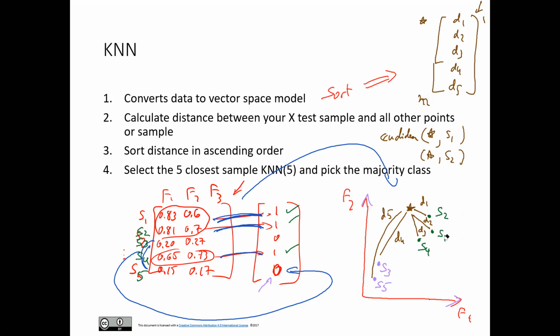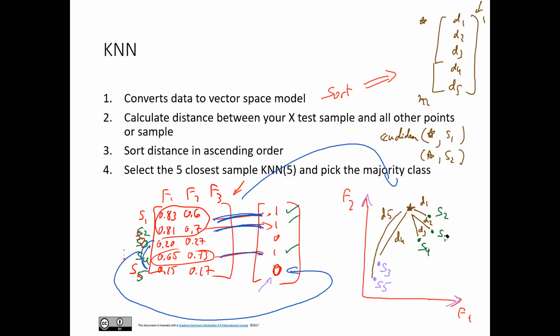and I pick those distances, and then I just have to look up, okay, for this distance, I took this star and I compared it to this sample. What was the label associated with that sample? Oh, it was green. Okay, I got 1 green. Then I compare it to the next one. Okay, this is the next shortest distance between the star and the next sample. I look up that sample's label. What is it? Oh, it's green.